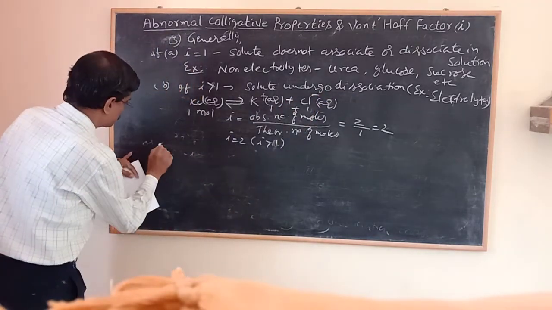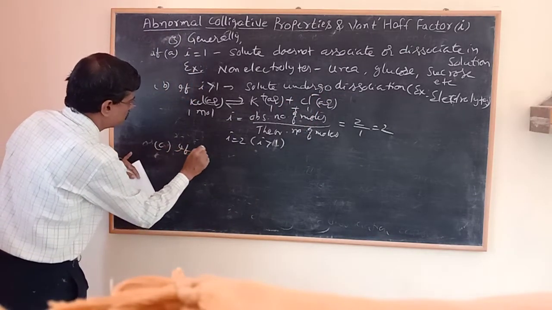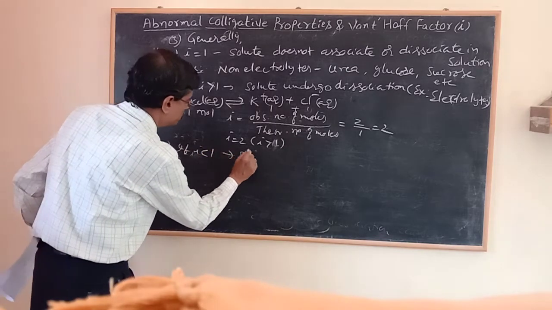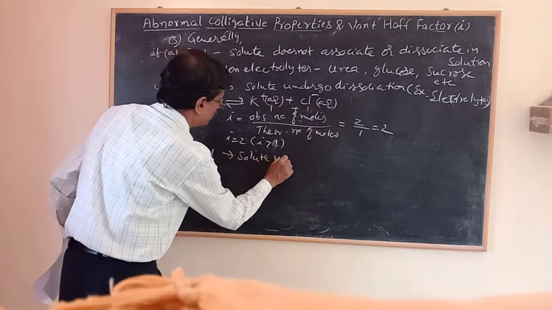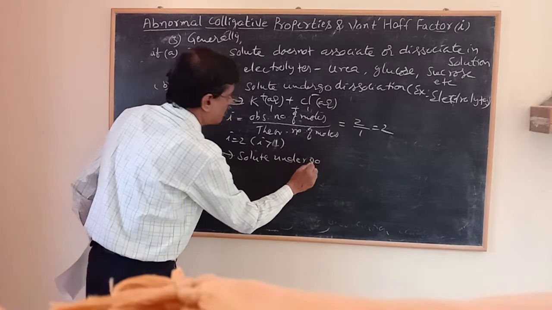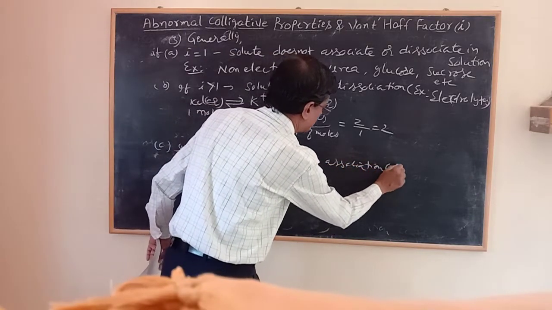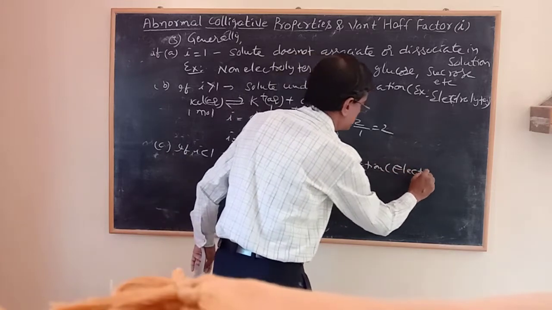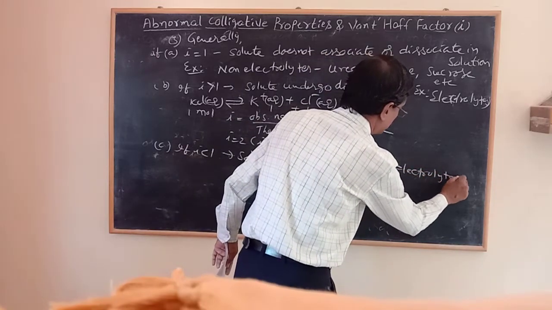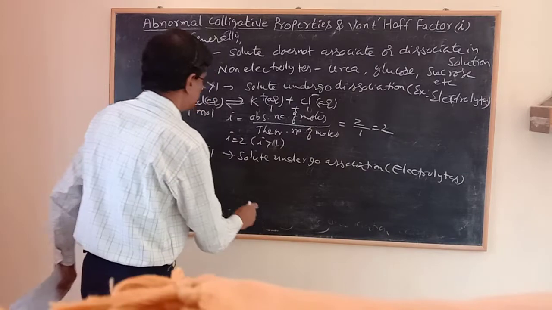Then for association, if i is less than 1, the solute undergoes association. Again electrolytes are the examples for this, but these are weak electrolytes.